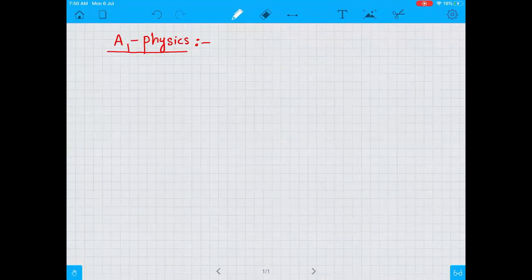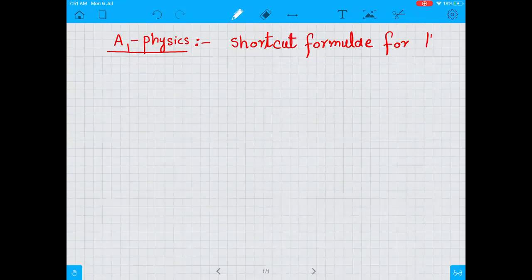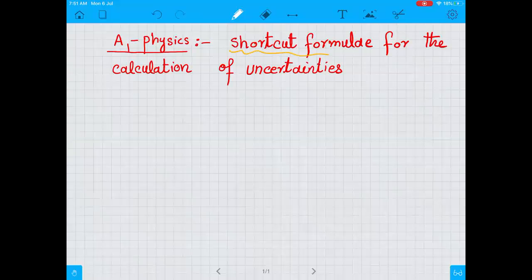Today the topic that we are going to cover is shortcut formulae for the calculation of uncertainties.